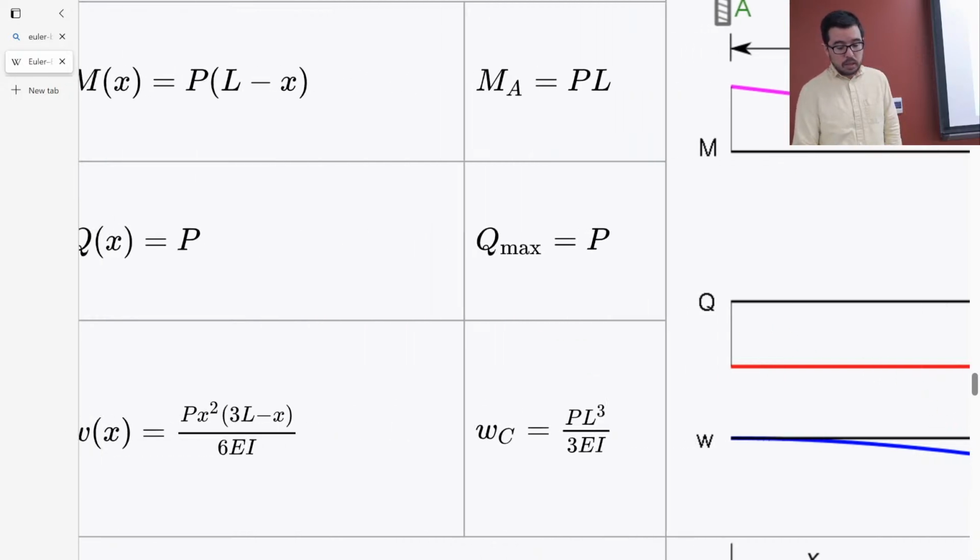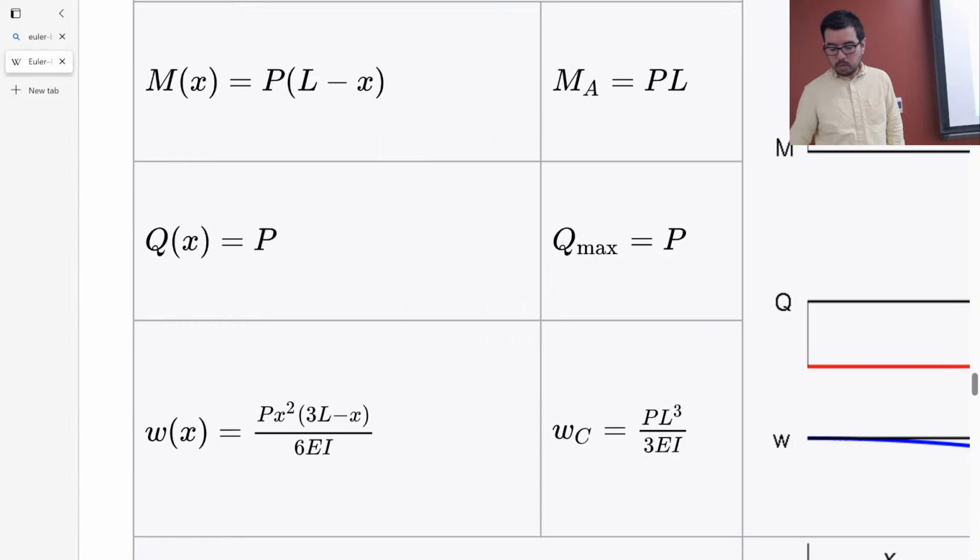The other equation, though, is more general. This would be like little v of x, right? And so to get this, you plug in x equals L over here. But if you want to know what's going on halfway across the beam, then you plug in x equals L over 2. If you want to know what's happening at a quarter of the way across the beam, you plug in x equals L over 4.